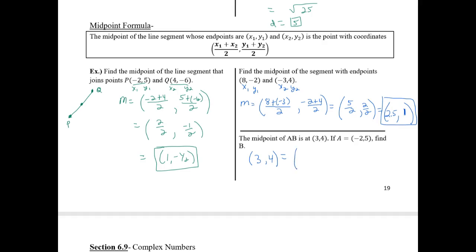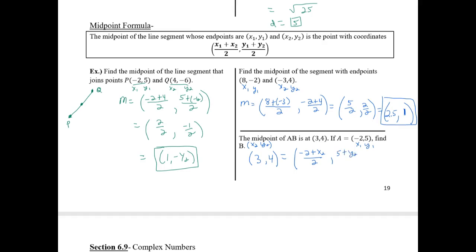And we know half of the point. We know x1, y1. So I would add -2 plus, I don't know B, so x2, y2, I don't know that. I'm just going to put x2 here, divided by 2. And then for the y coordinate, I would do the y1, which is 5, plus y2.